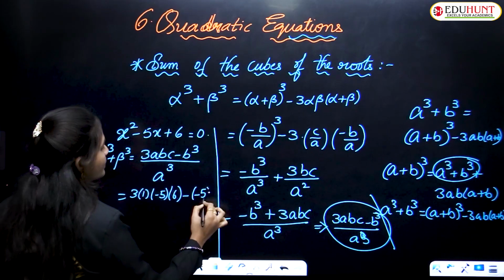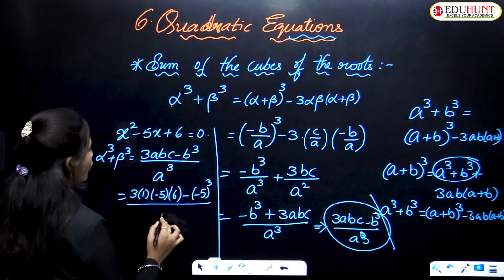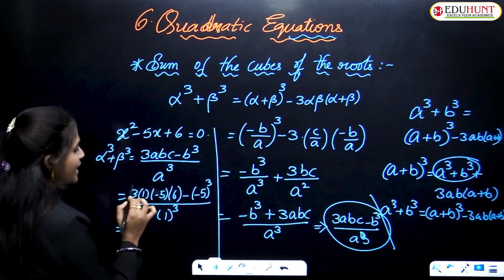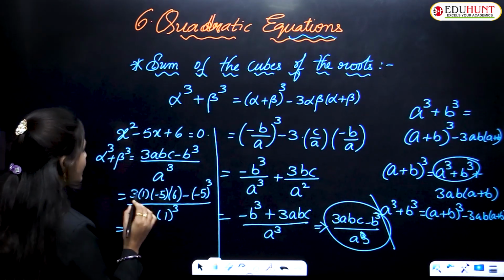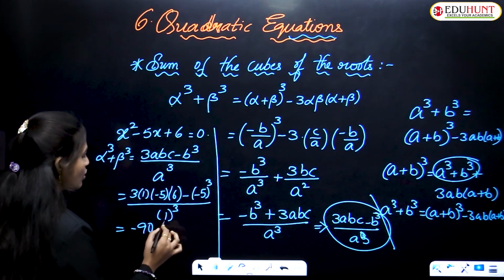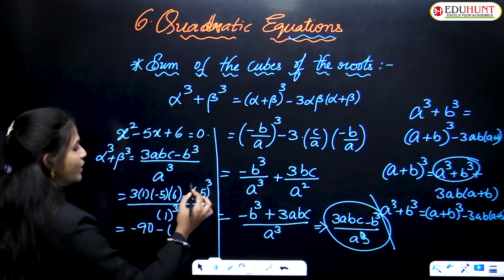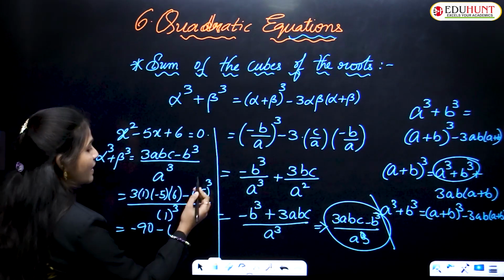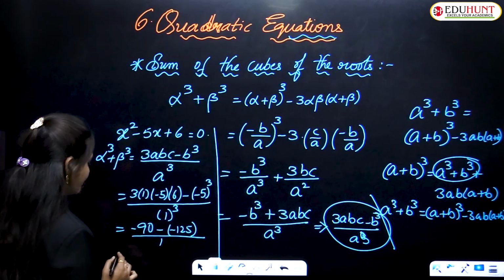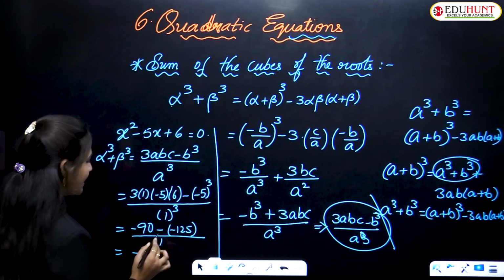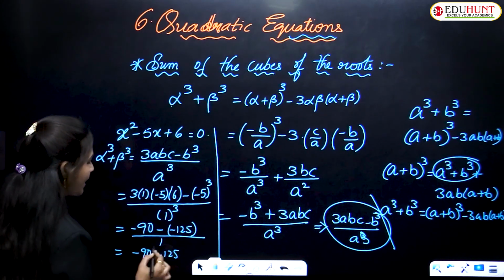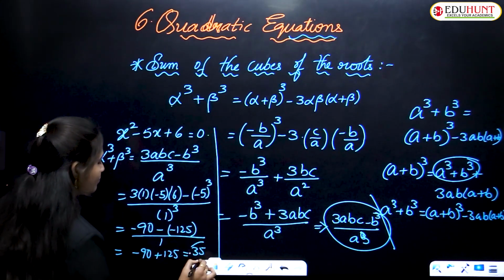Minus of b cube means minus (minus 5) whole cube, by 1 cube. Here 6 fives are 30, 30 into 3 is 90, so it is 90. And minus of minus 125, because here (minus 5) whole cube is minus 125, by 1, which is equal to 90 plus 125... so the result is 125 minus 90, which is equal to 35.